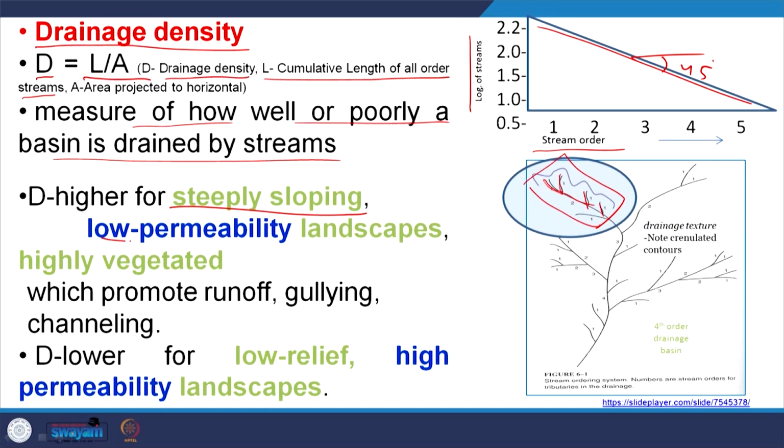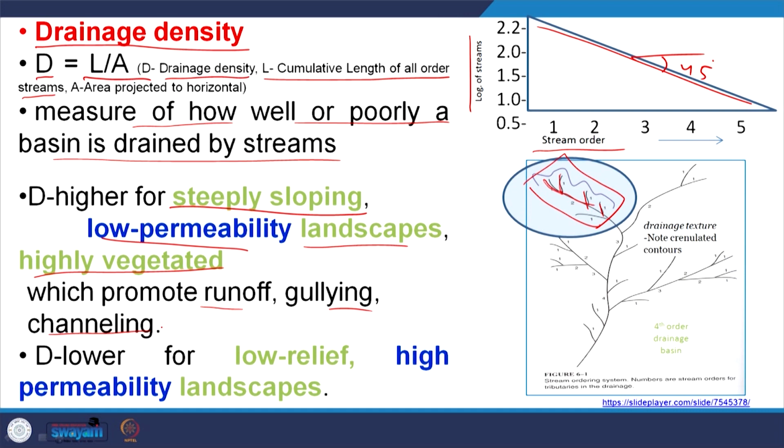D is higher for steeply sloping, low permeability, highly vegetated landscapes, which promote runoff, gullying and channeling. Here is the interpretation part. If the drainage density is high, the channels are very densely placed. What does it indicate?